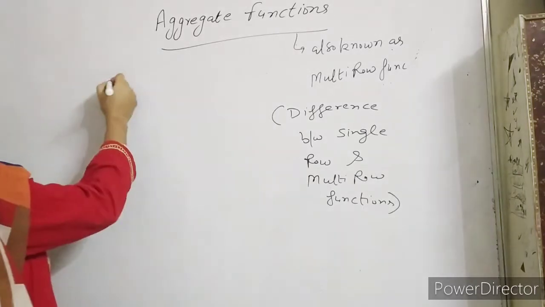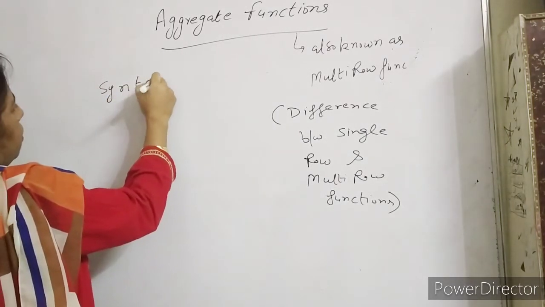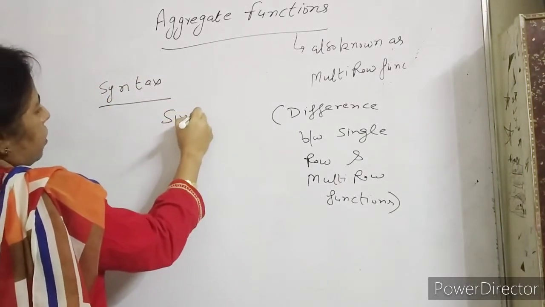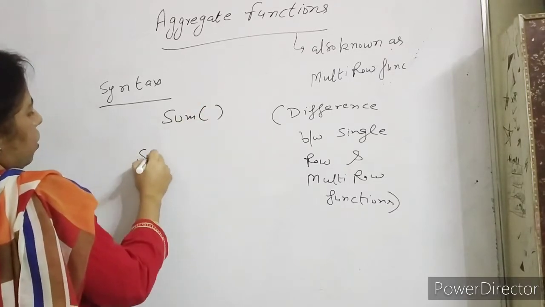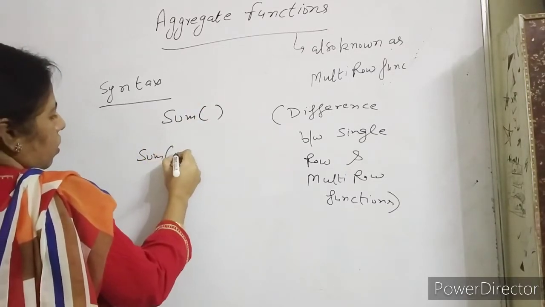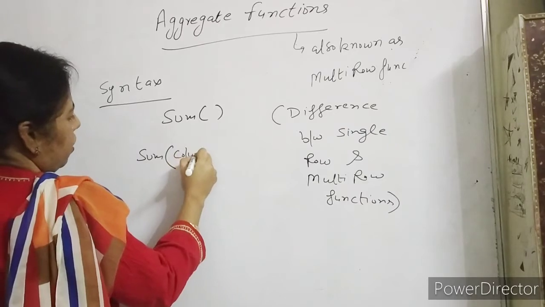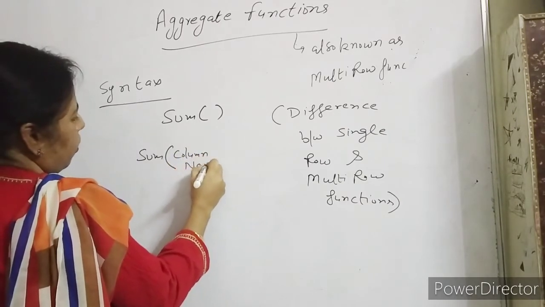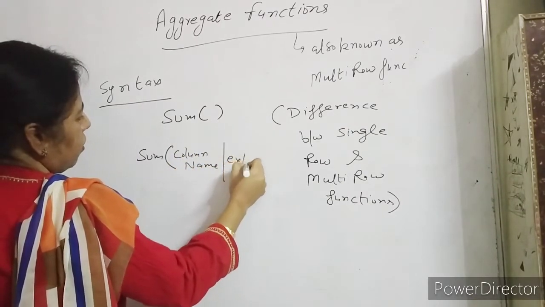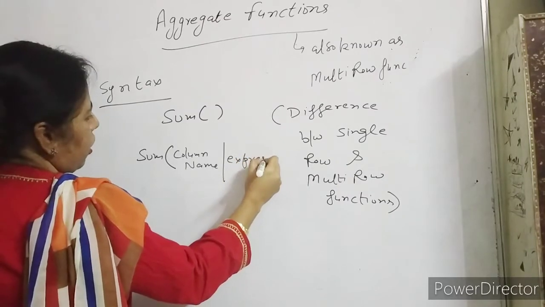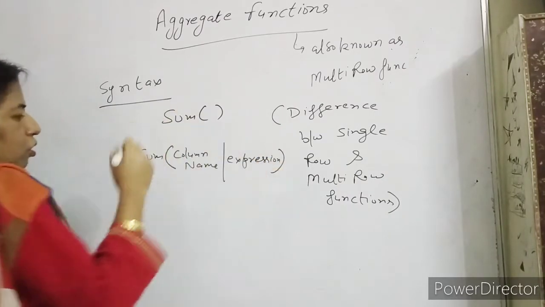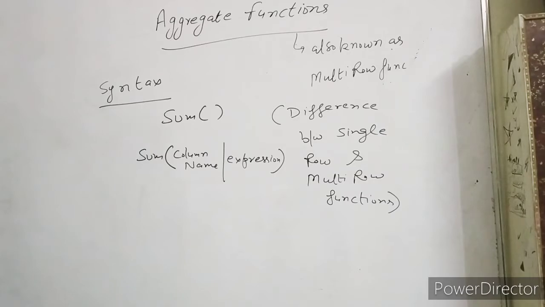Now the syntax to use the sum function. With the sum function, write the column name here. Column name or expression, you can use either. Clear?